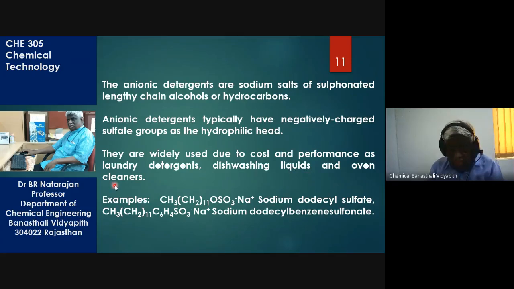Example, CH3(CH2)11OSO3Na, which is sodium dodecyl sulfate. CH3(CH2)11C6H4SO3 Na plus, sodium dodecyl benzene sulfonate. So sodium dodecyl sulfate and sodium dodecyl benzene sulfonate are examples of anionic detergents.